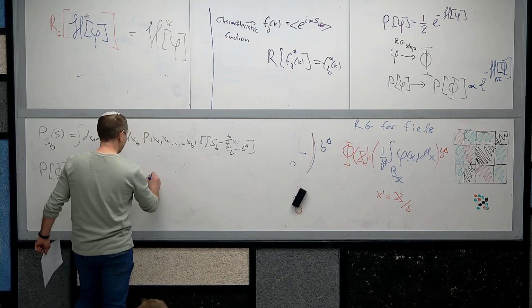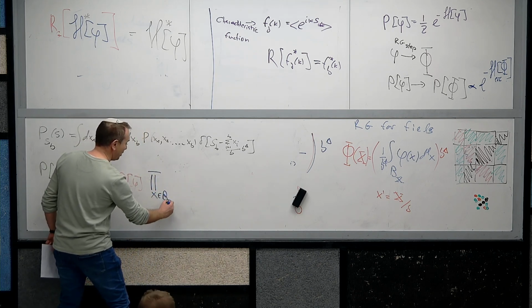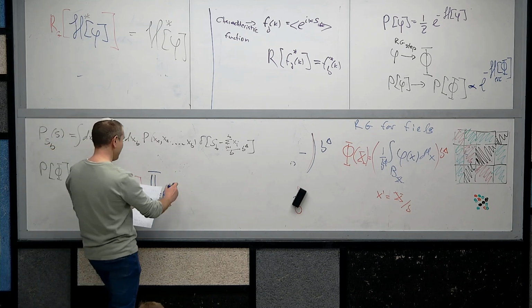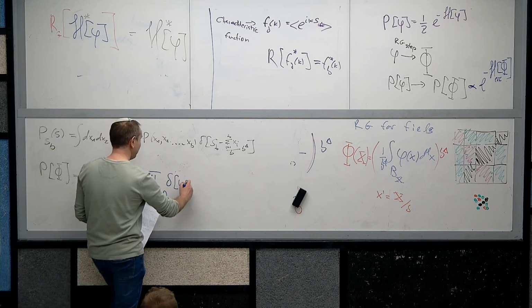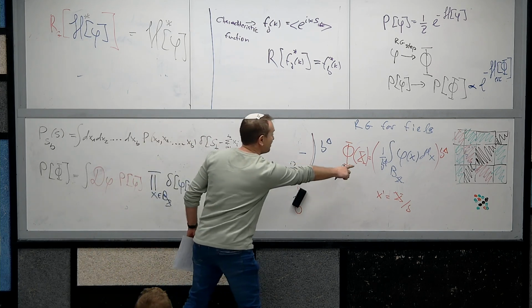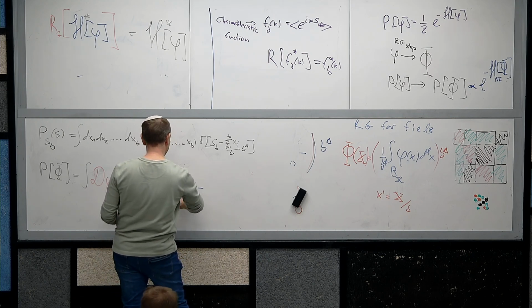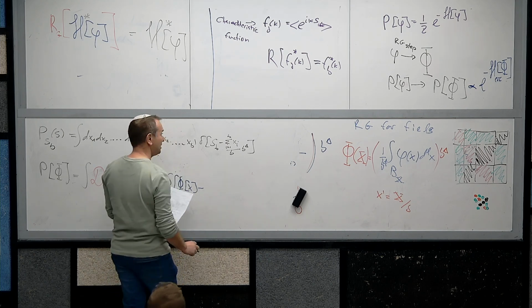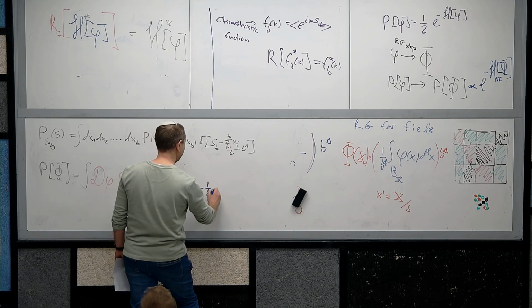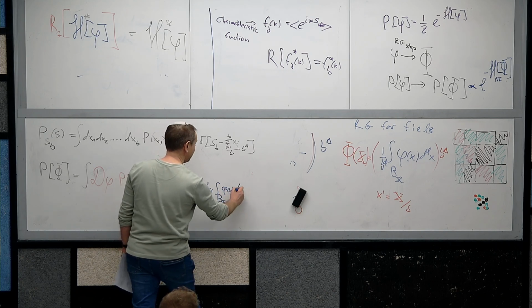So it's a multiplication over all possible x in my box. Okay, and here I have delta of phi of x minus this step over here, large phi of x minus 1 over b to the d, integration over b of x, phi of x, dx, and b to the power delta.